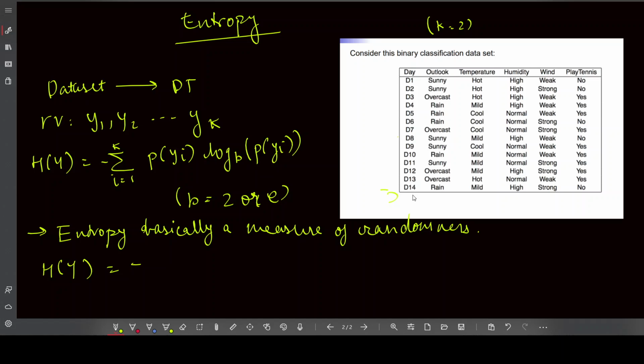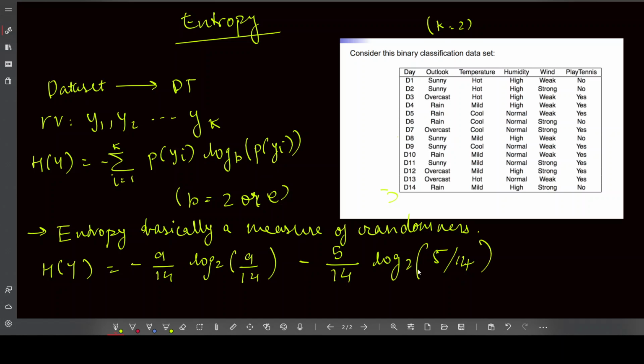The total number of data points is 14, and the number of yes is 9. So it's minus 9 by 14 log to the base 2 of 9 by 14, minus the probability of no, 5 by 14, log to the base 2 of 5 by 14. That's your entropy. If you calculate this, you get the value of 0.94. So that's how you calculate the entropy of your output variable, or dependent variable, for a data set.